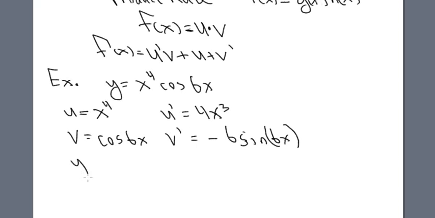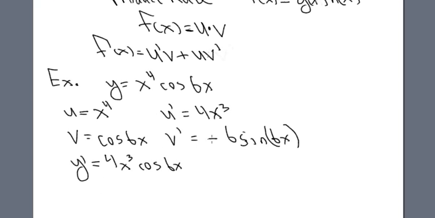Now all I have to do is u prime v, so 4x to the 3 cosine 6x plus u v prime. Oops, sorry, there's a plus there. That should be a times. Sorry about that. u v prime. Alright, so I have 4x to the 3, which is u prime, cosine 6x, which is v.